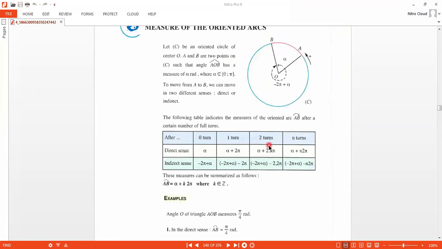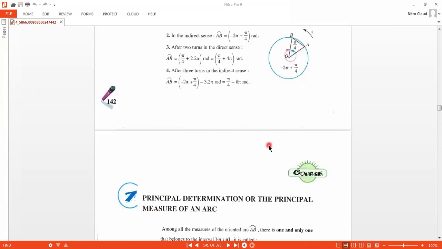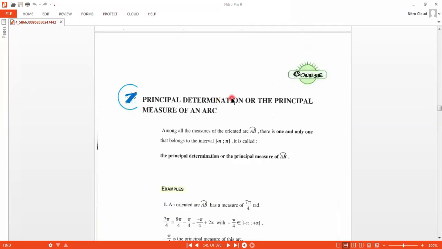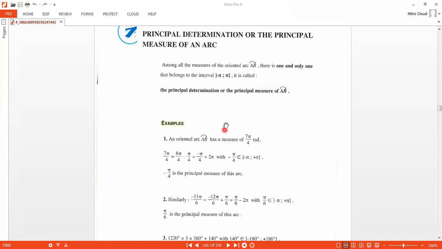Now, how can I calculate the principal determination or the principal measure of an arc? If I tell you, for example, an arc AB, it's an oriented arc of measure 7 pi over 4. 7 pi over 4 is of course more than one complete orientation. This arc already had its complete circle and a little bit more.